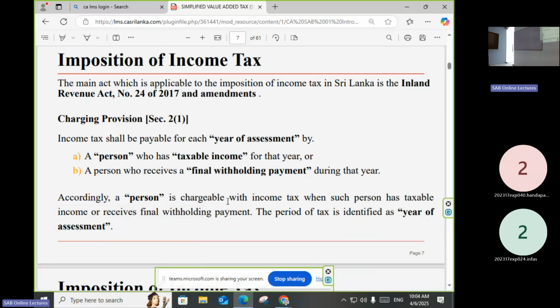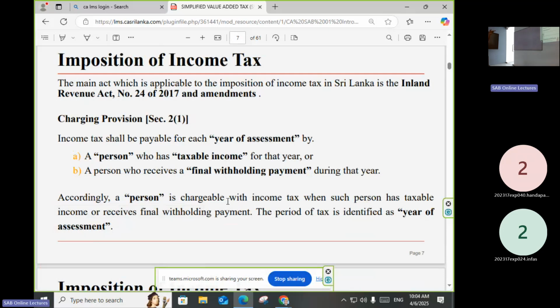Previously it was 5%. So we'll keep it at 5% because your year of assessment is 24-25. But it is not recognized as a final withholding. In such a case, if I receive that type of income, I am liable to pay tax. What is the rate applicable to me?